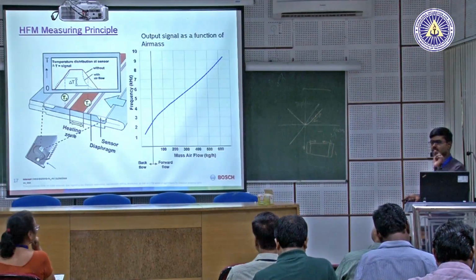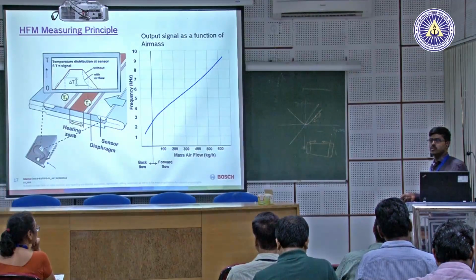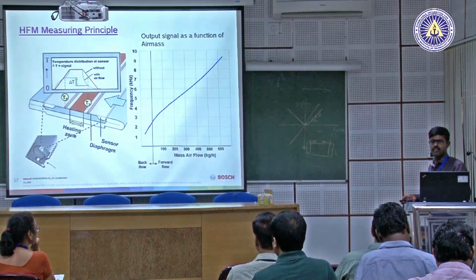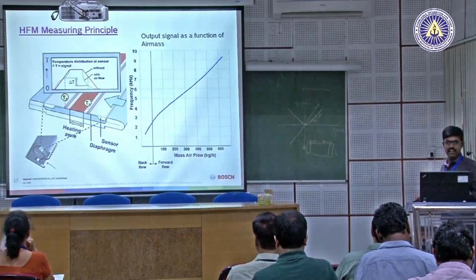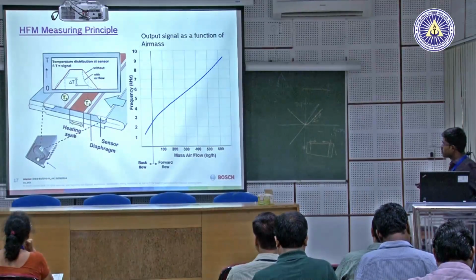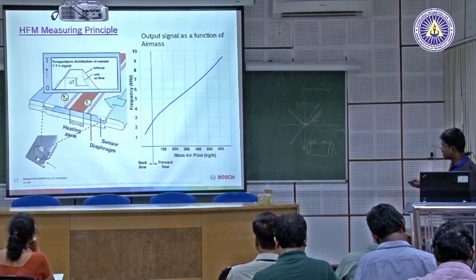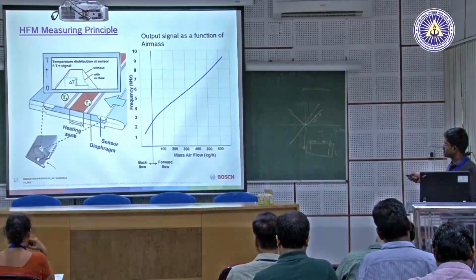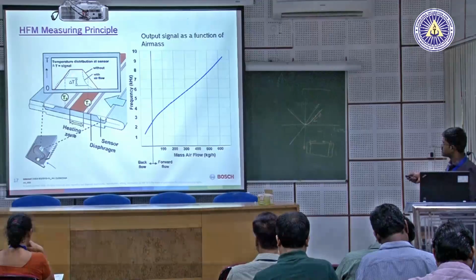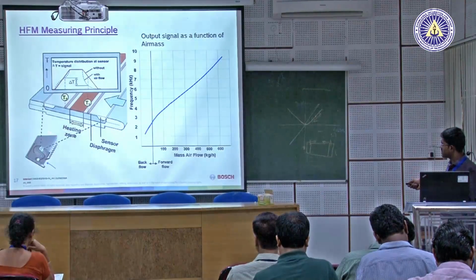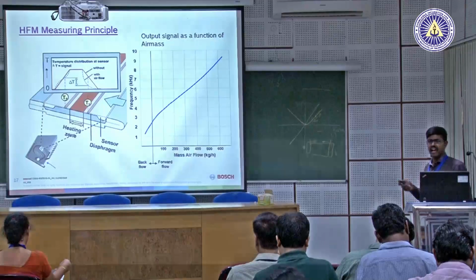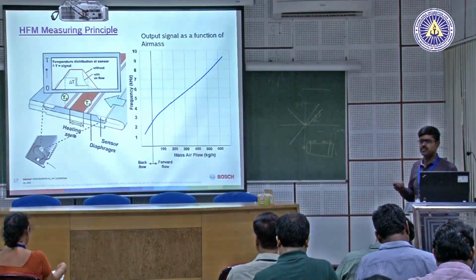It is a very small one, you can see a 2 mm by 2 mm area of exposure to the incoming air. So, what happens here is there is a heating zone, T1 and T2. You are heating this element, and there is incoming air, which is at ambient atmospheric temperature.